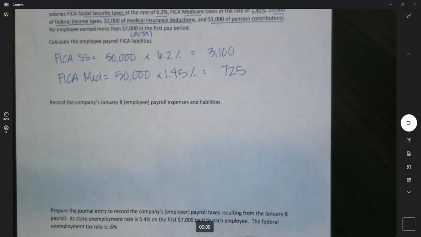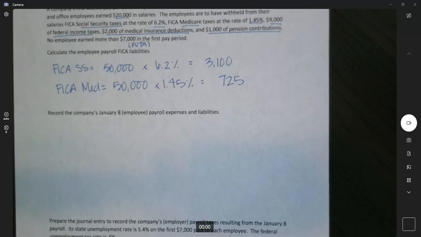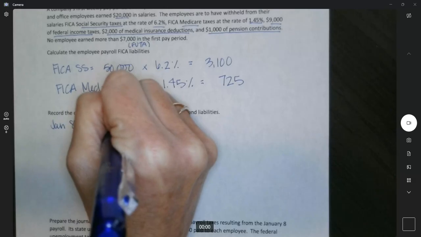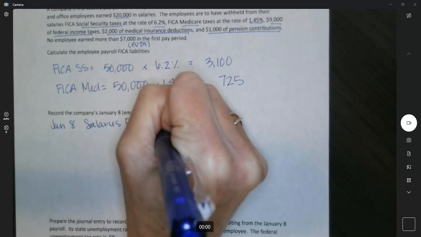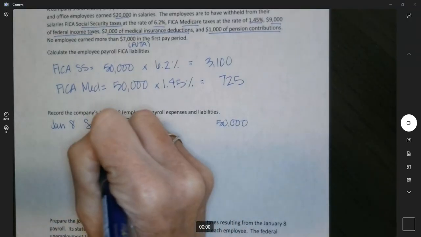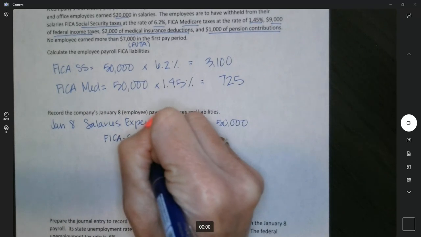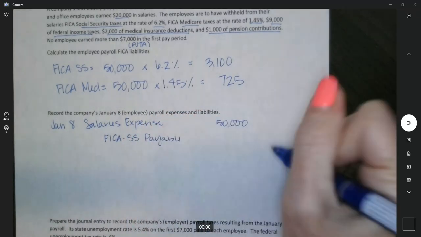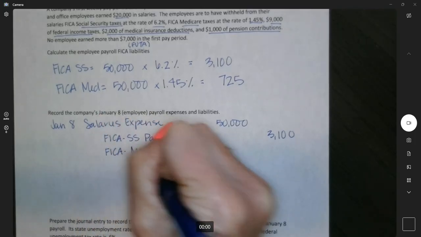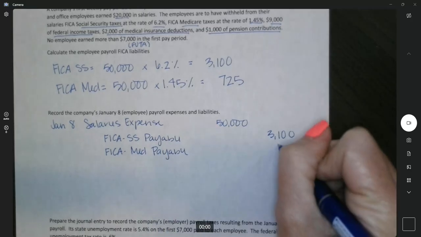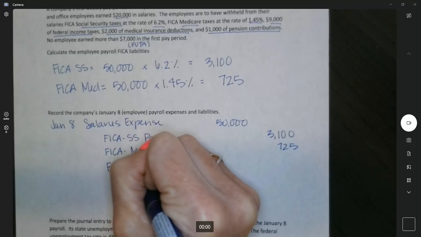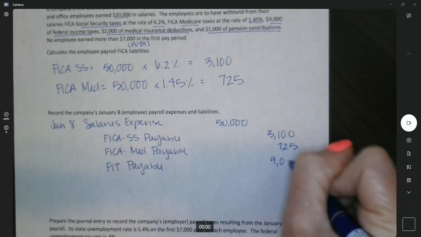Now down here, we're going to record the company's January 8th employee payroll expenses and liability. So January 8th, we can just do salaries expense for $50,000. Then we move on to FICA Social Security of $3,100. FICA Medicare of $725. Federal income tax payable of $9,000.